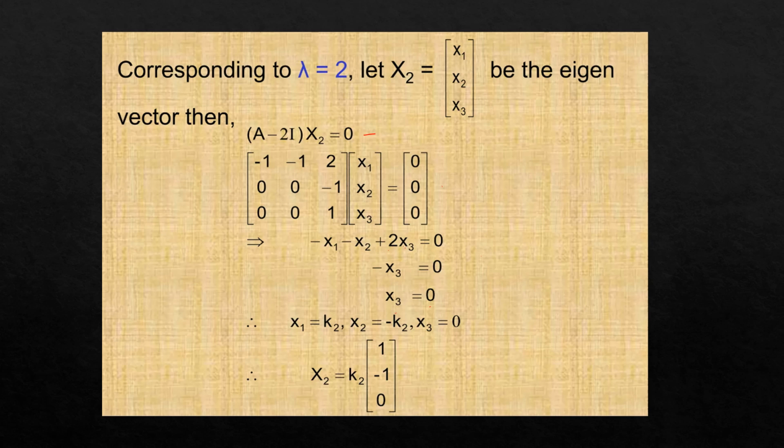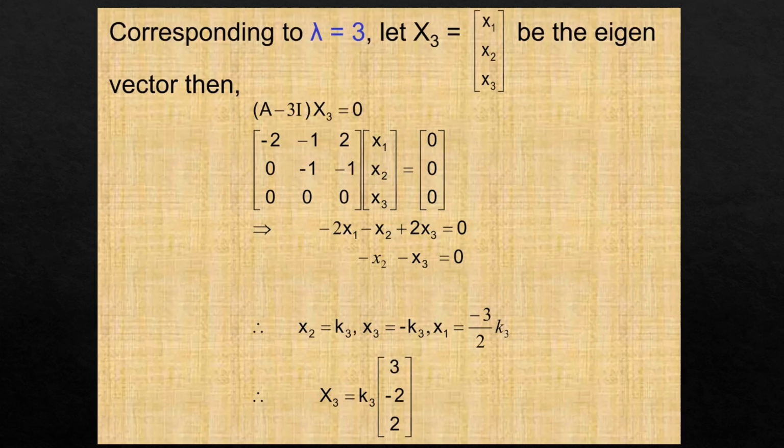If I substitute x3 as 0 here, I get the relationship between x1 and x2: x1 is minus x2. If I assume x1 as k2, then x2 will be minus k2, and x3 I know is 0. So by this ratio, I have x1 as 1, x2 as minus 1, and x3 as 0.